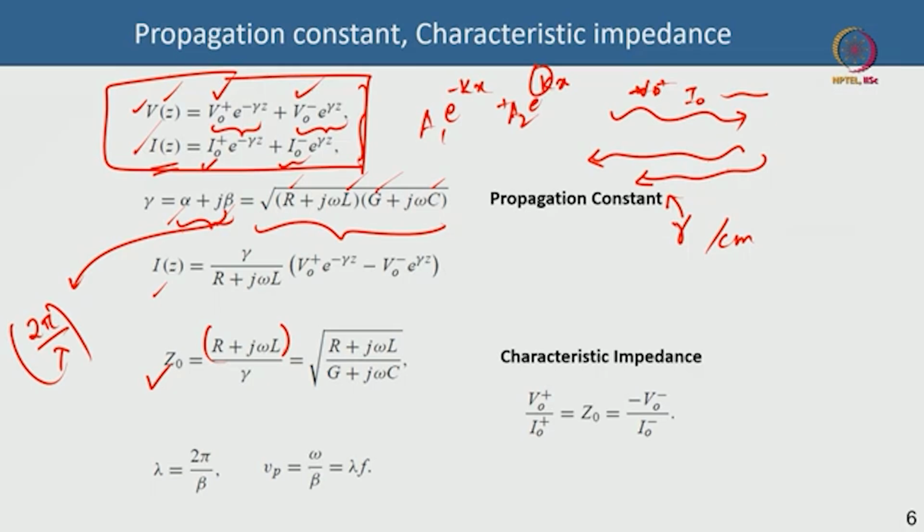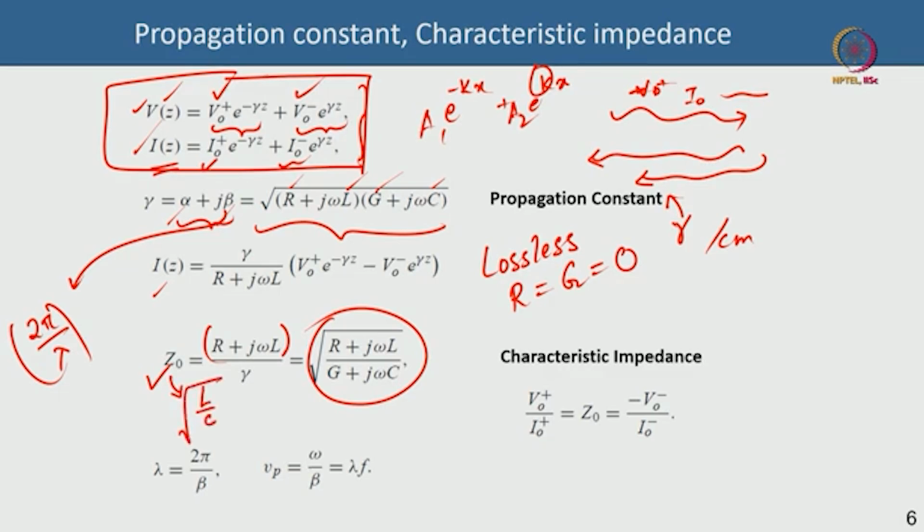It looks a little bit scary, but if your line is lossless, it means your resistance and conductance are 0. The real part basically has to become 0. That is the definition of being lossless. If it is a lossless transmission line, then the characteristic impedance reduces to square root of L by C, because the other part will go away.